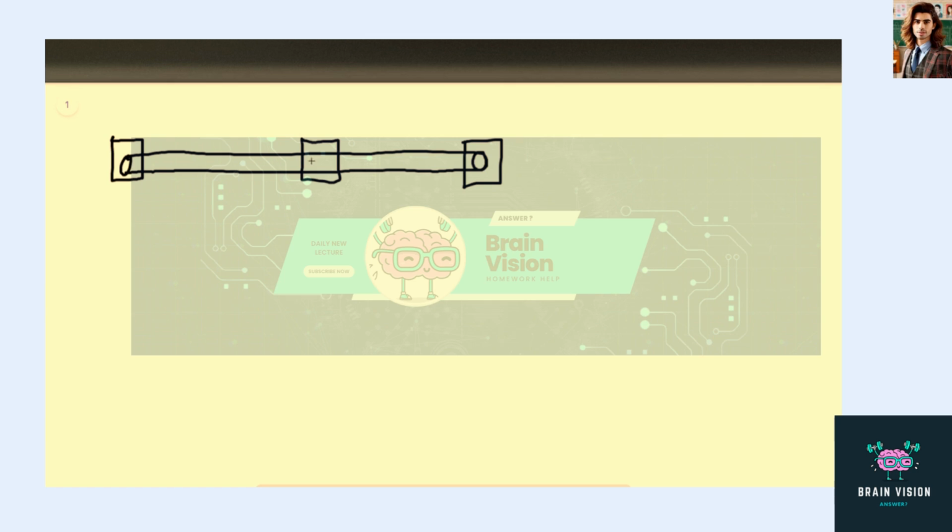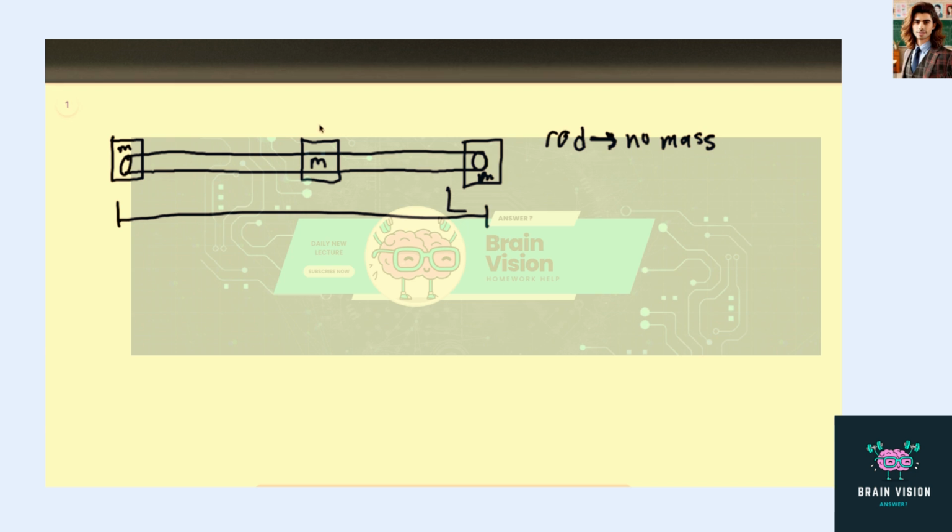So this would be M, M, M. We know that the rod itself has negligible mass, so the rod has no mass. And then we have L, the length of this rod.